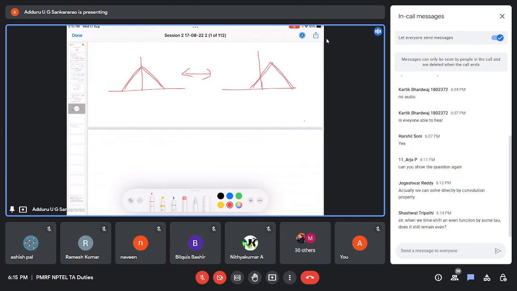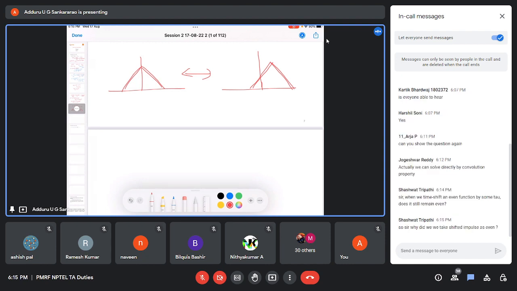Now this is no longer even, right? This is not symmetrical about the vertical axis. Just some time shifting, some right shift. Let us say if it is x of t, then I am taking x of t minus t naught. Now it is no longer an even function.